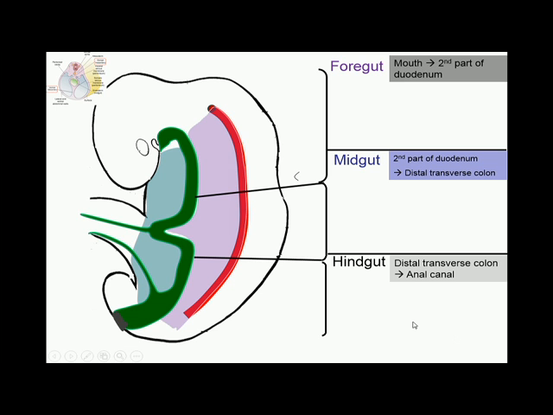And the hindgut gives rise to the rest of the GIT up to the anal canal, not the anus, okay, up to the anal canal. So those are the three components of the GIT developmentally: foregut, midgut, and hindgut, right?